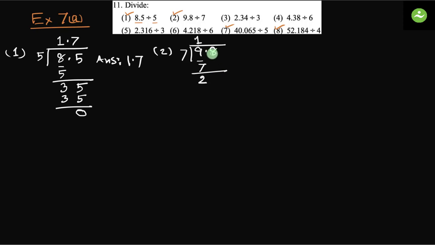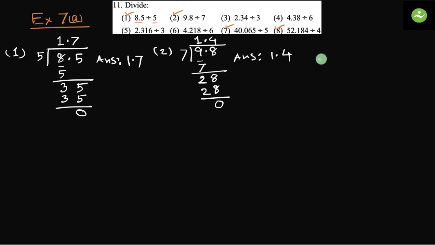Before bringing down, see here is a decimal point. So put the decimal point in the quotient. Bring down 8. 7 into 4 is 28. Deduct 28 from 28, it is 0. The answer is 1.4.